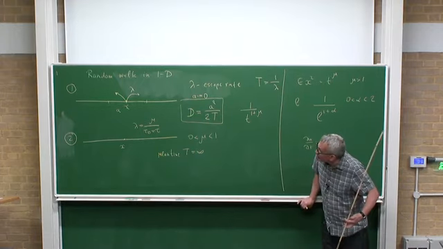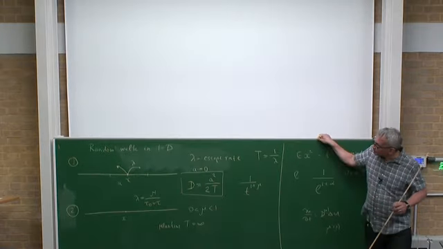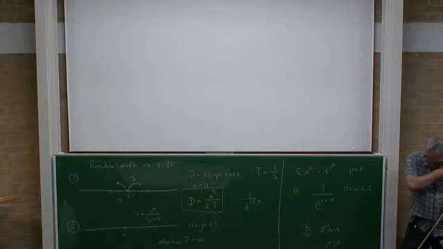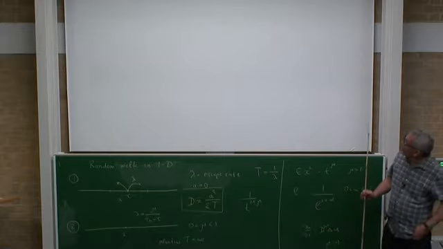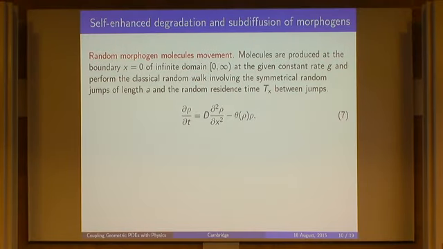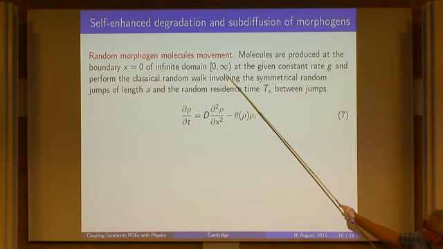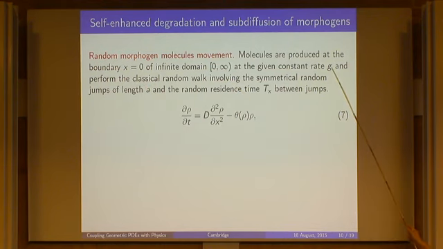I'll give you an example right now. This is a famous example of morphogen gradient formation. So this is a classical problem. Let's say molecules are produced at some boundary, x equal to 0, in an infinite domain, at a constant rate.